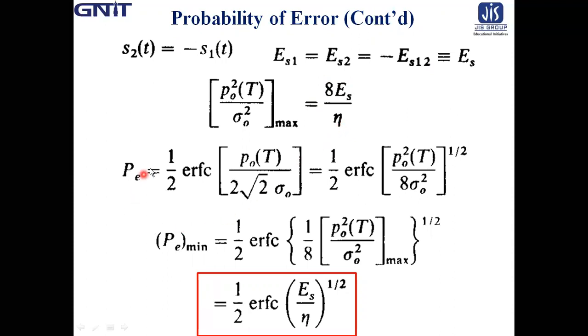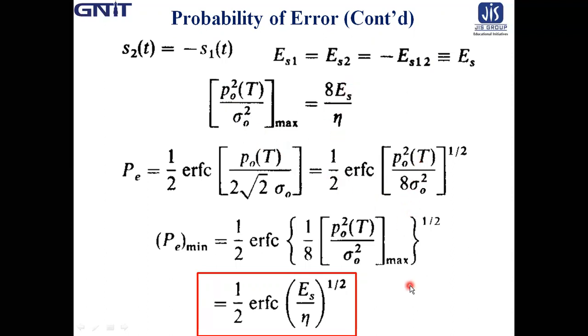Therefore, the probability of error P_E equal to half erfc of P0 T by 2 root 2 sigma 0. It was present. So now half erfc, if it is square, P0 square T by 8 sigma 0 square, to the power half. So you know the value of the maximum of P0 square T by sigma 0 square, that is 8 by eta.